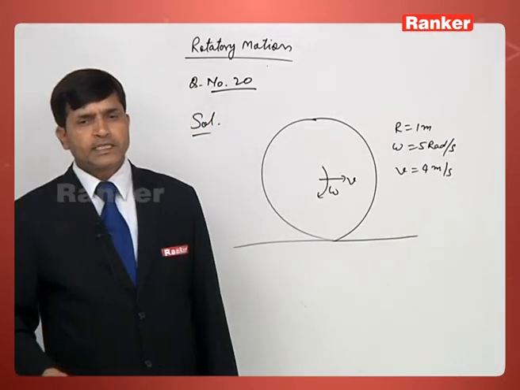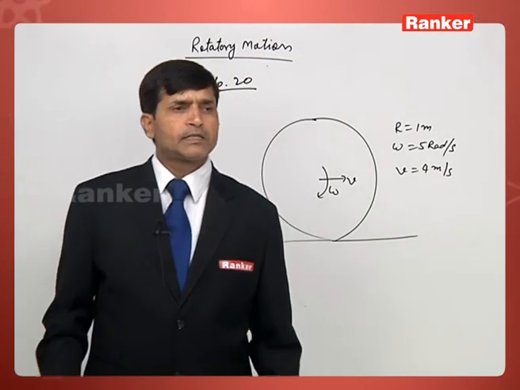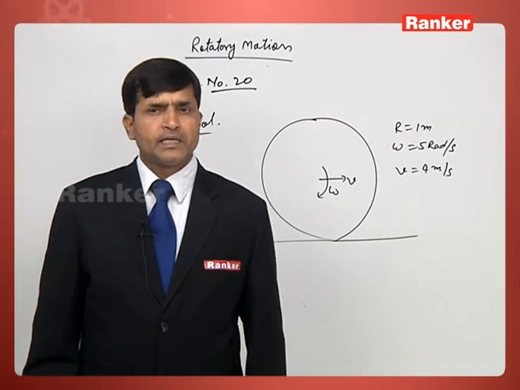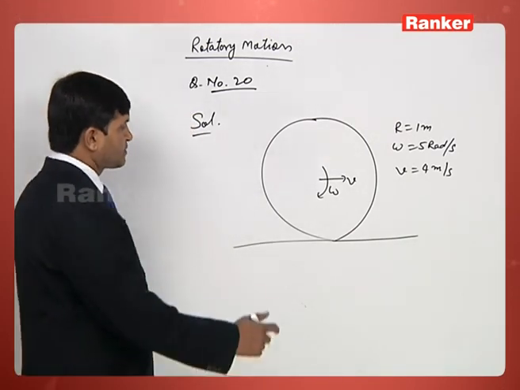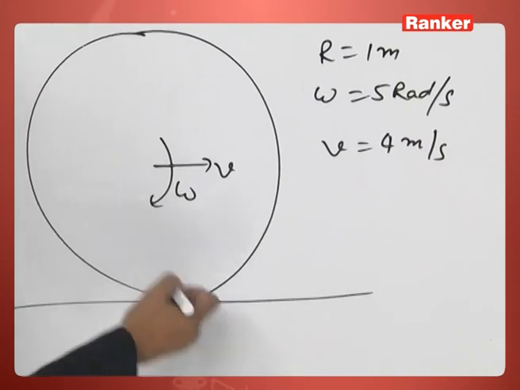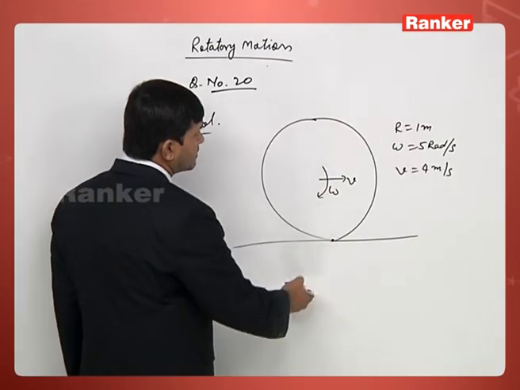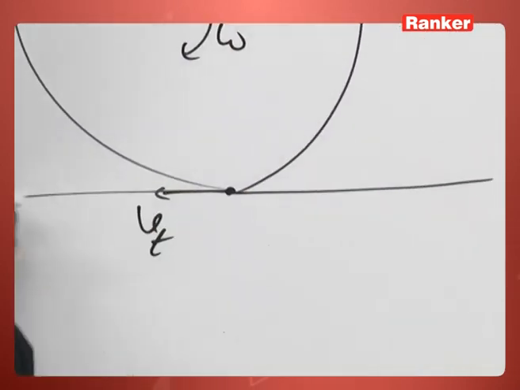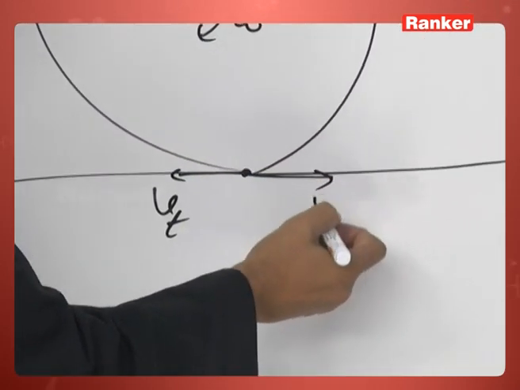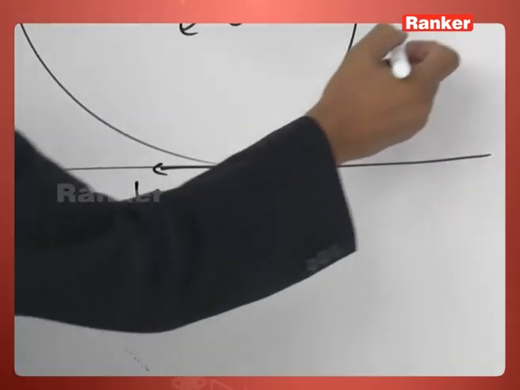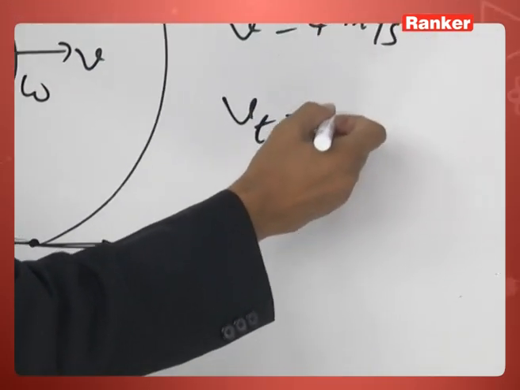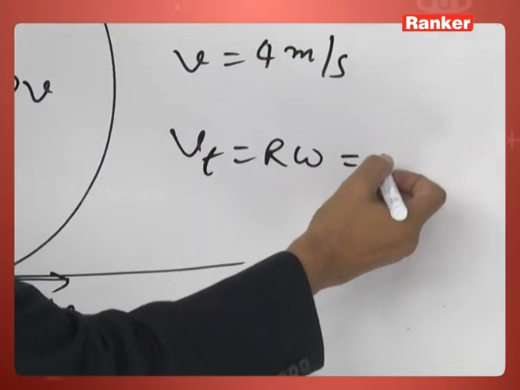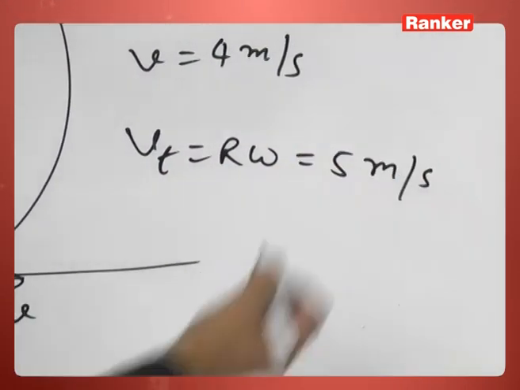Now they are asking to find the velocity of slipping. Velocity of slipping means the point which is going to slip. It means the point of contact. So this is the point of contact. This point has one velocity, tangential, in this direction, and another, translational, in this direction. The tangential velocity is given as r omega, r is 1, omega is 5, so 5 meter per second.